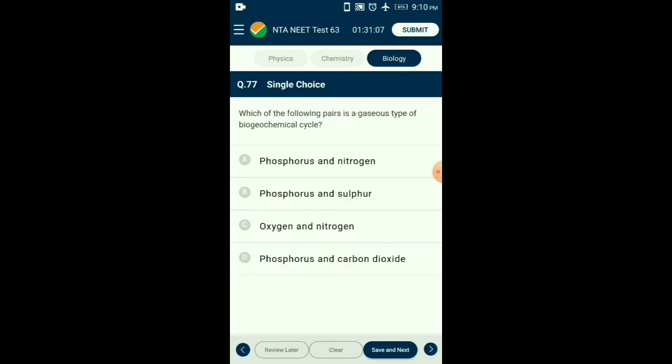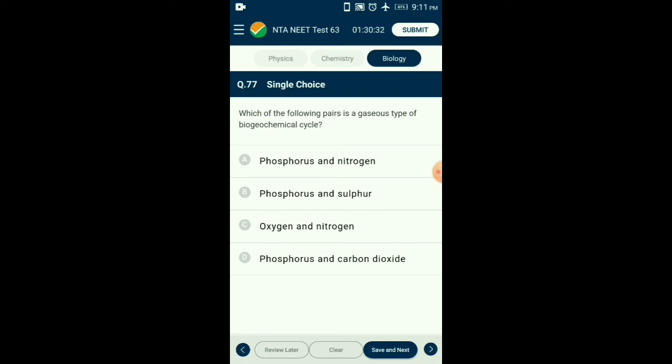Question number 77. Which of the following is a gaseous type of biogeochemical cycle? Biogeochemical cycles are of two types, gaseous and sedimentary. In the gaseous nutrient cycle, the materials involved in circulation between biotic and abiotic components of the biosphere are gases or vapors, and the reservoir pool is the atmosphere or hydrosphere, for example carbon, hydrogen, oxygen, nitrogen, water.